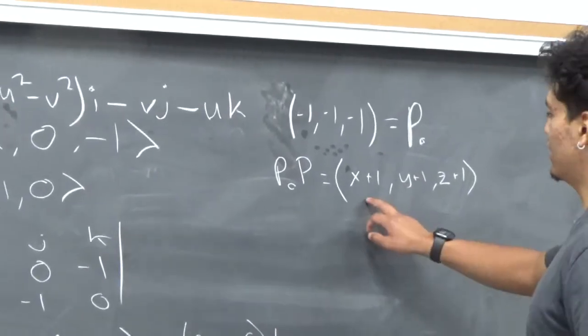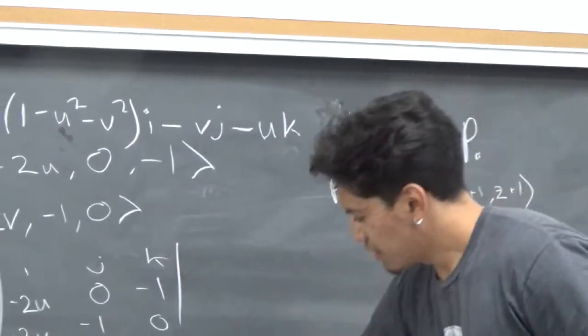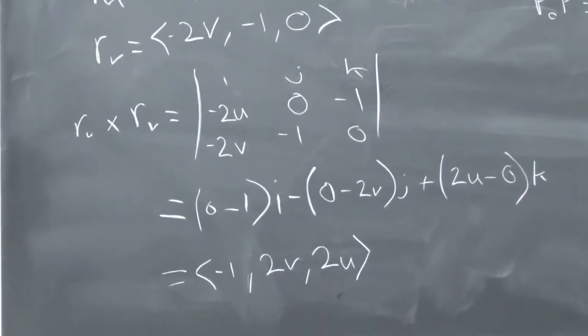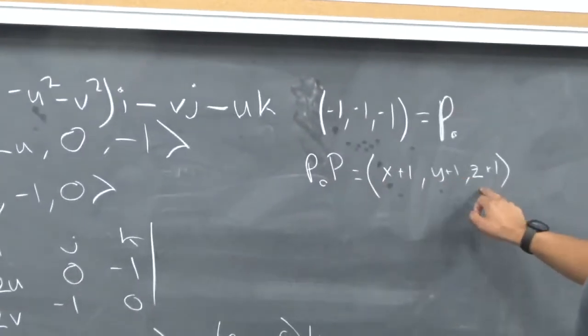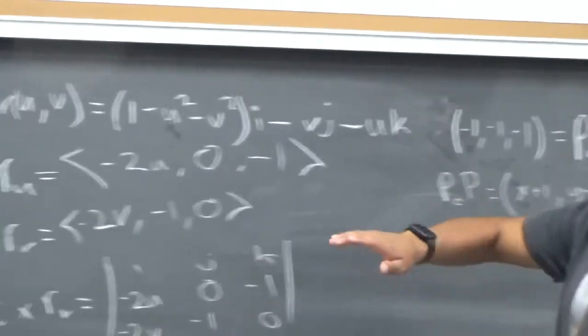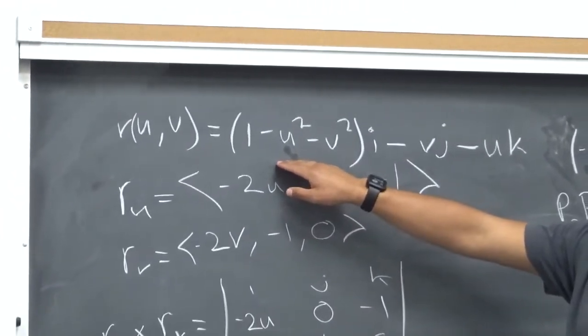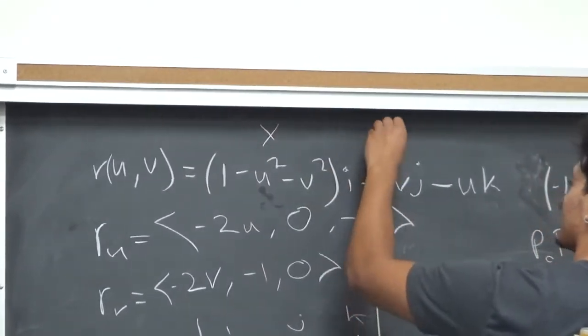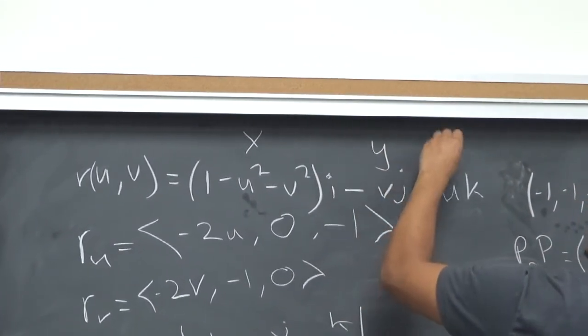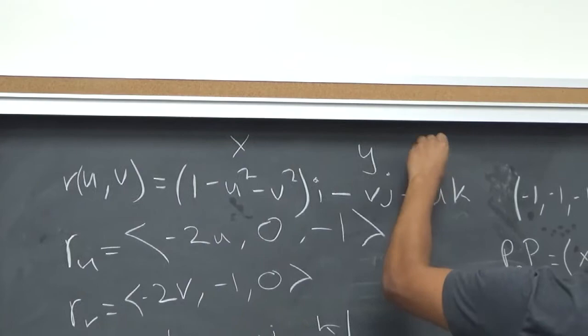And we're going to have to dot this with our cross product that we have here. But first, before we do that, we have to put the x, the y, and the z in terms of u and v. And we're going to use our initial equation. So the i component is going to be our x, the j component is going to be our y, and the k component is going to be our z.